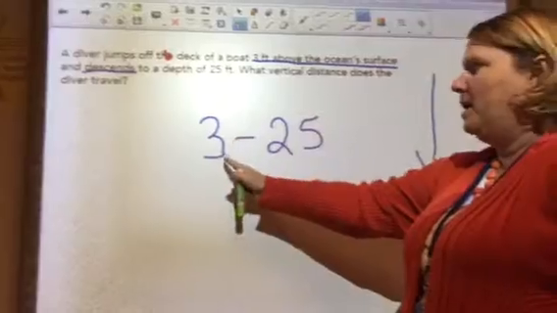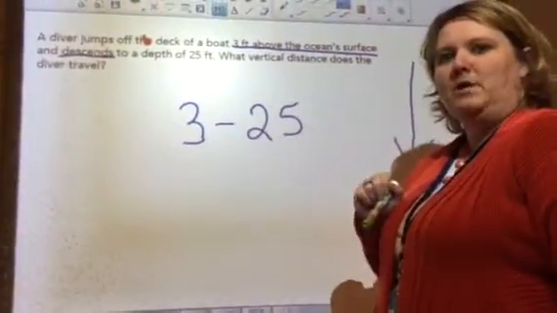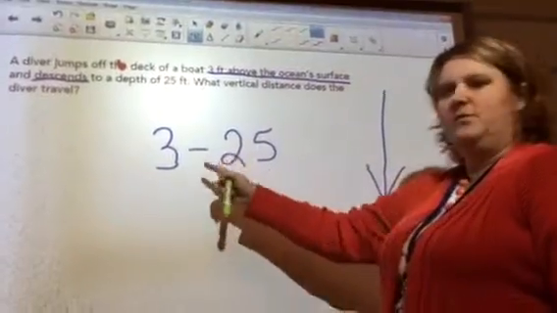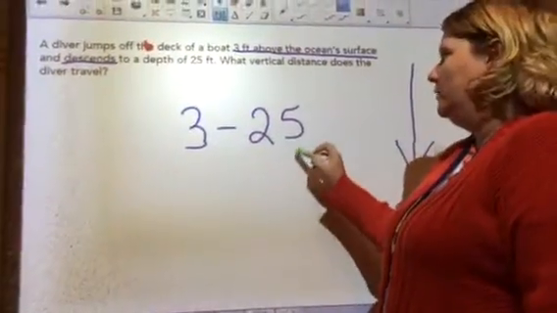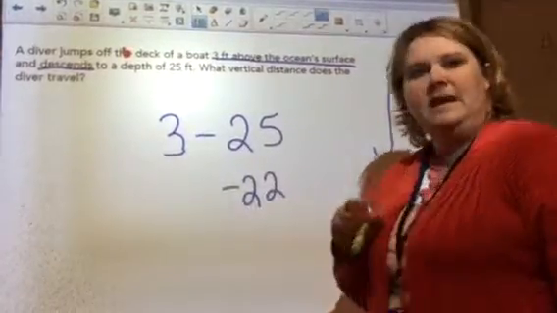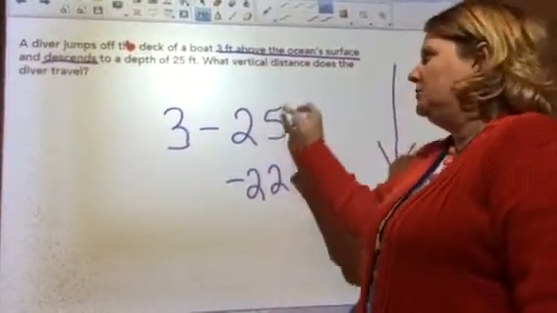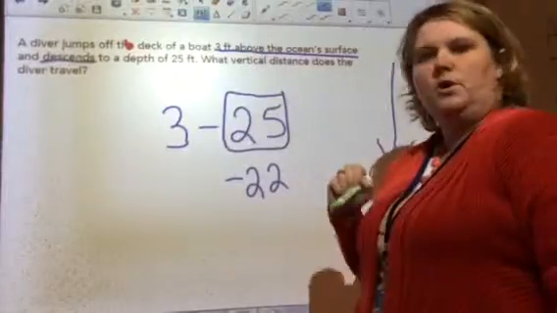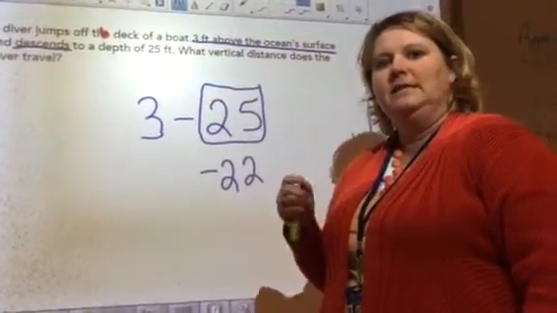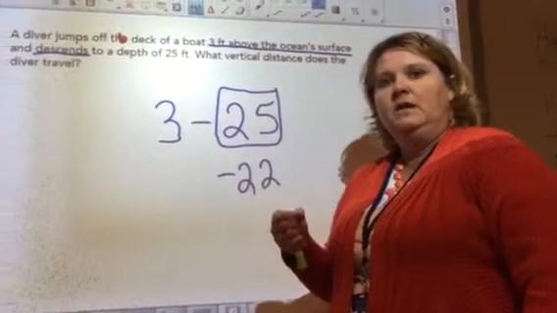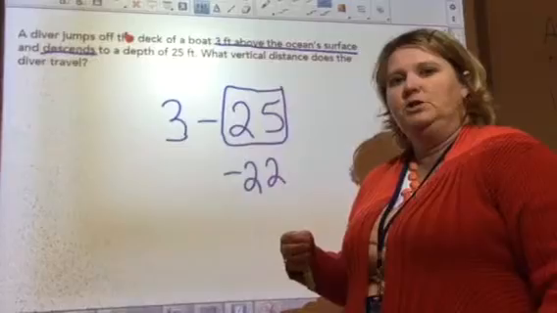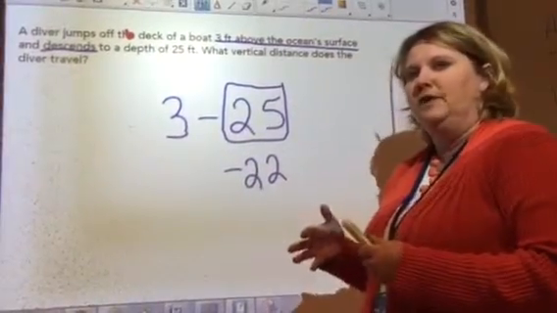If I have a positive and a negative number, I have to find the difference of the two. The difference of 3 minus 25 would be 22. And it would have a negative sign in front of it due to the fact that the larger number is negative. Okay? So when you are adding and subtracting integers, the larger number of whatever sign gives you the answer. So it'd be positive or negative.